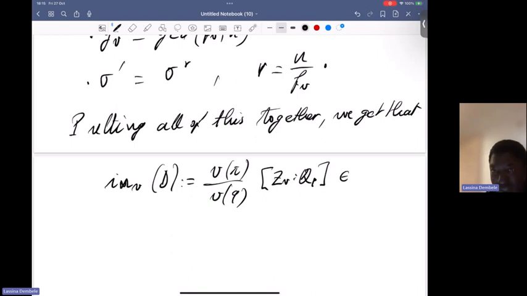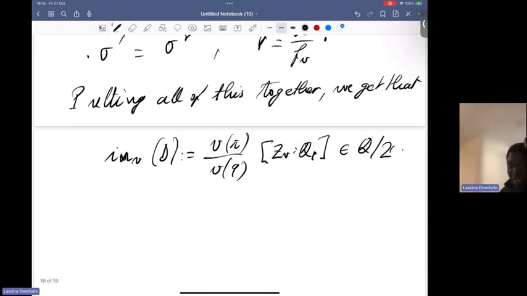And this is the invariant of our quaternion algebra. And so clearly this is something that we can compute very easily.